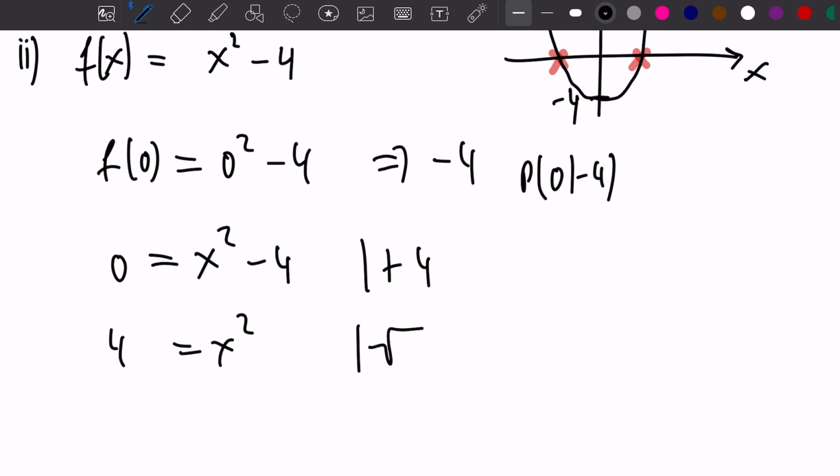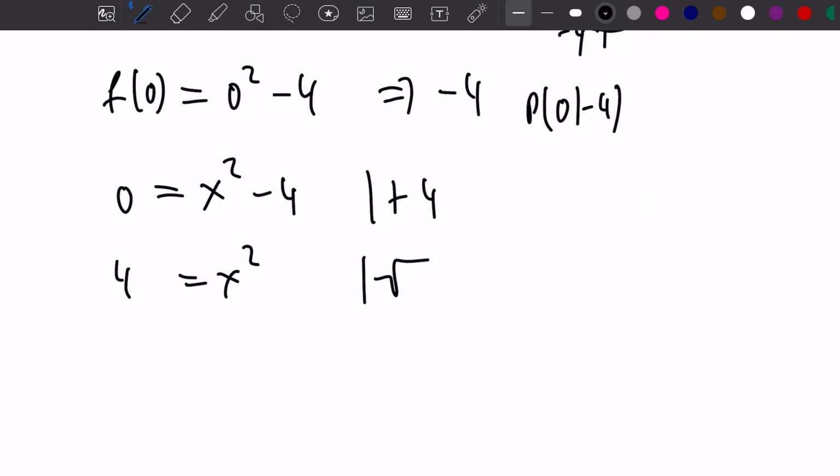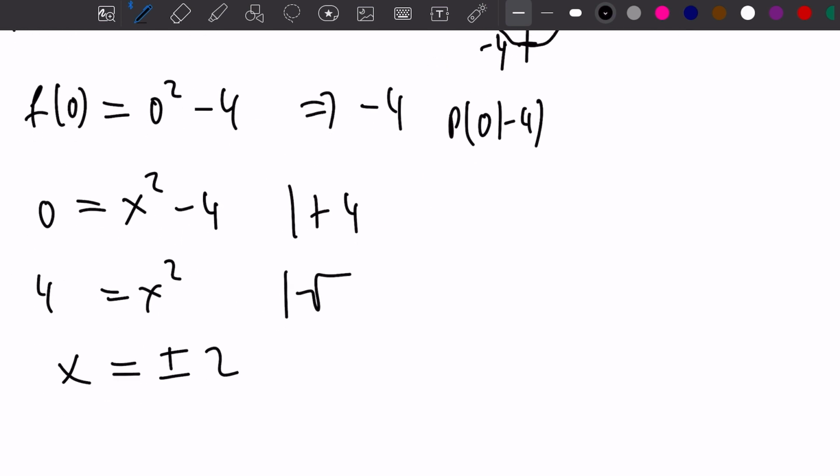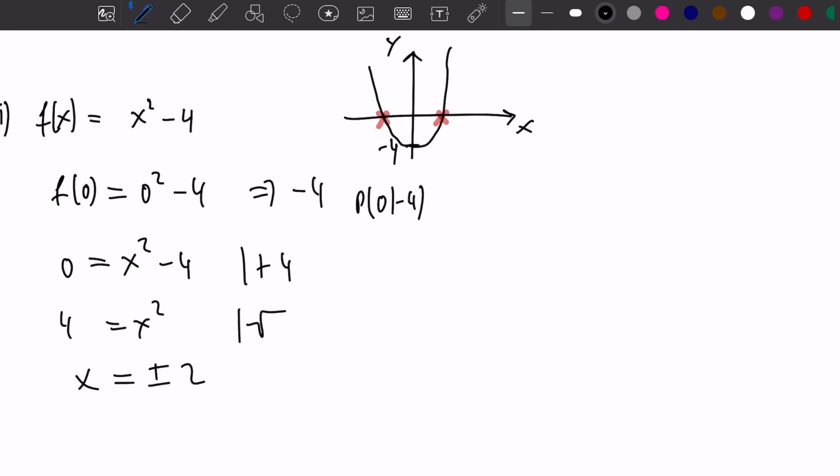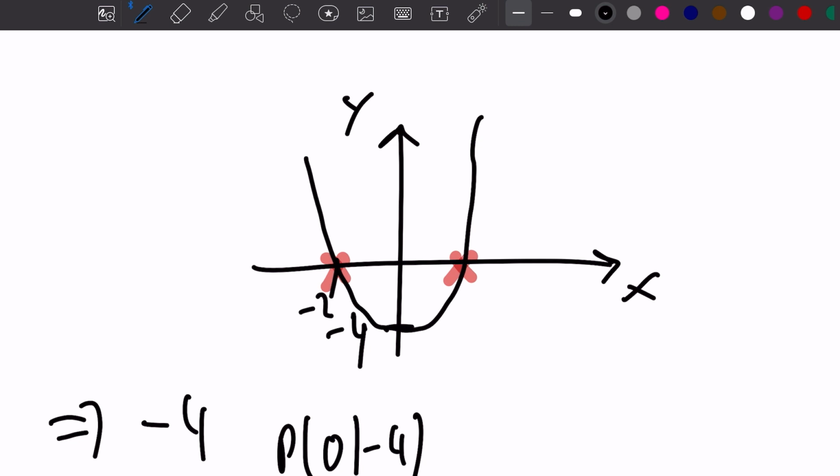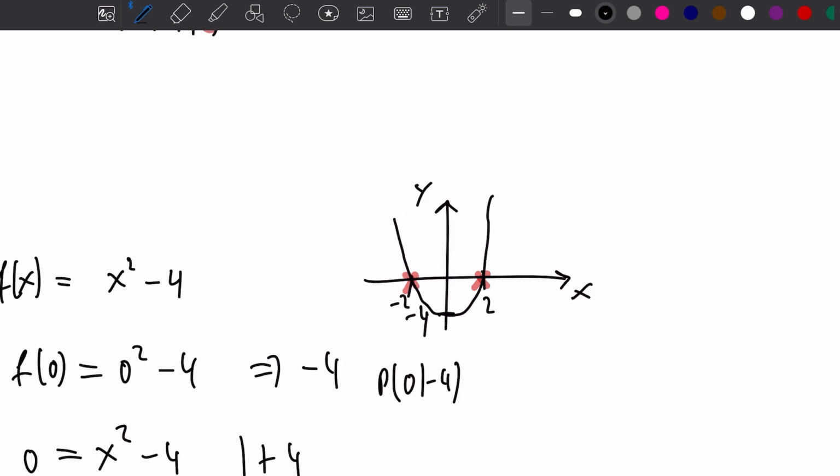Take the root, and this gives us x equals plus or minus 2. So we have 2 points. Our point 1 is at 2, 0, and our second point is at -2, 0. Now we have here -2 and here 2. Good.